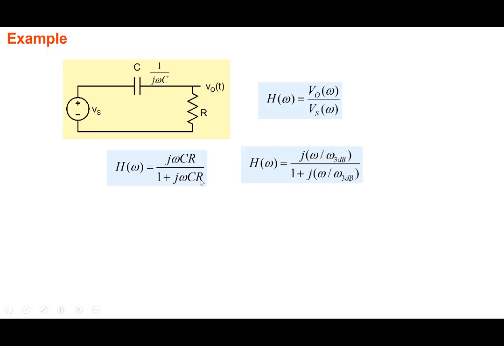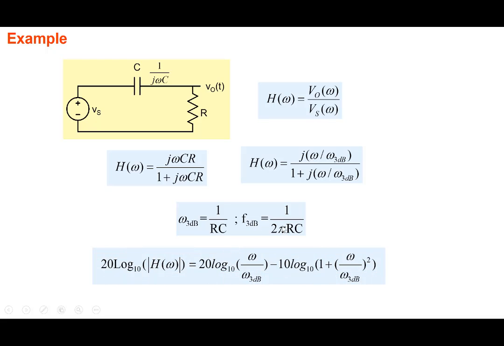And note that we would like to express it in this form, with j omega by omega 3 dB and 1 plus j omega by omega 3 dB here, right? Because we know how to sketch 1 plus j omega by something, and we know how to sketch j omega by something, so that's why we cast it in this particular form. And omega 3 dB, of course, from this expression is 1 over RC, and frequency f 3 dB is 1 by 2 pi RC. Okay.